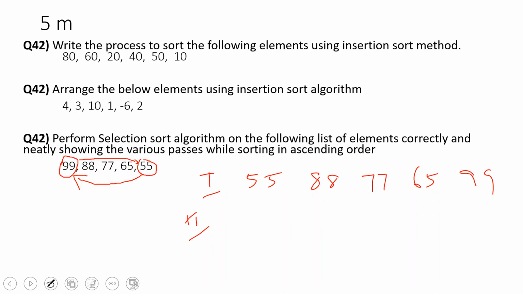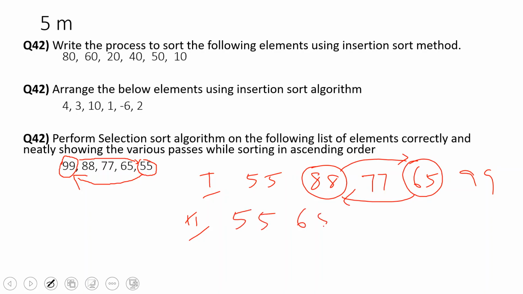Then in the second pass, what is the lowest value? The lowest value in the second pass is 65. This 65 will be interchanged with the second element. Hence, 55, 65, 77, 88, 99.